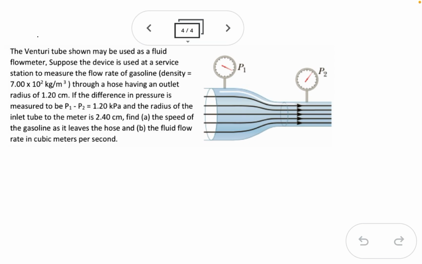So it can be very prompting here to actually think of the continuity equation. Someone might assume perhaps I can simply say A1 V1 equals A2 V2. So you cannot use this particular equation for a very simple reason. We do not know the initial speed of this fluid as it enters the tube from the inlet.